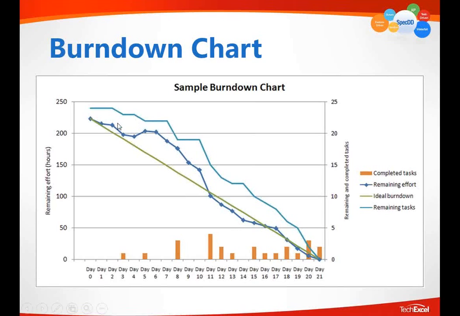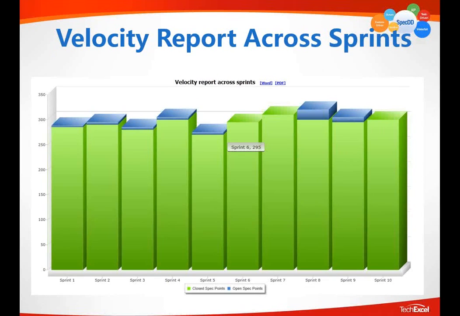The number of tasks finished without the time remaining is not going to be as predictable for whether the team can finish the task or not. And same is true for points. Velocity report across sprints is another measurement. As I explained, points represent the size of a task.